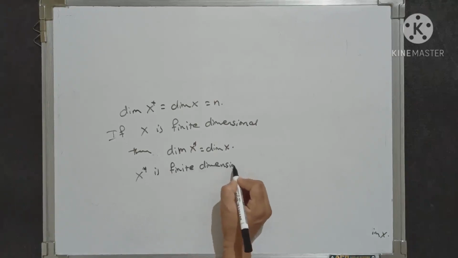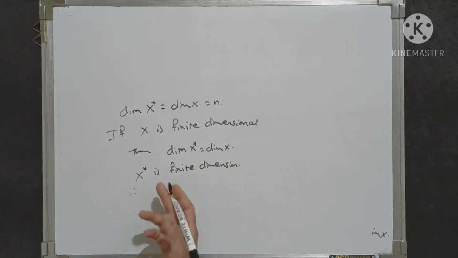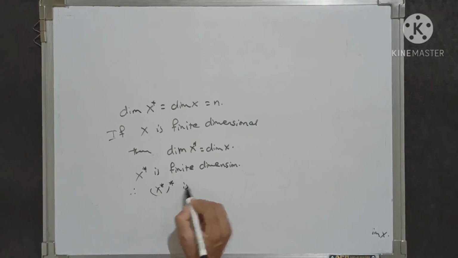But as X star is finite dimensional, again we are using the same theorem. As X star is finite dimensional, therefore its algebraic dual space, that means star of X star, is also finite dimensional.